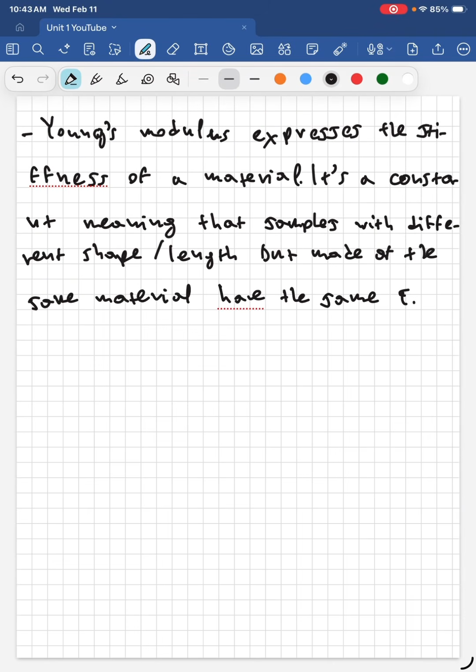So I hope this is clear. If we have a really thick iron wire and a really thin iron wire, the Young's modulus is the same for both wires. It's a constant for the material.